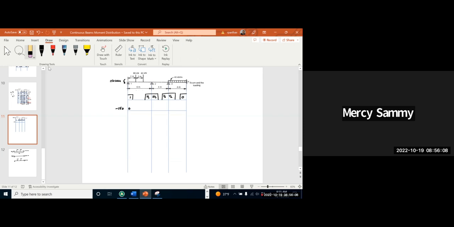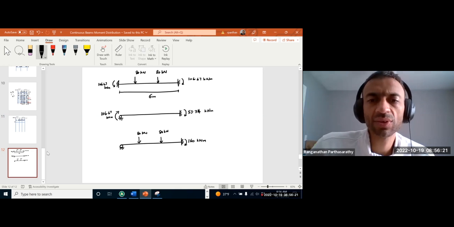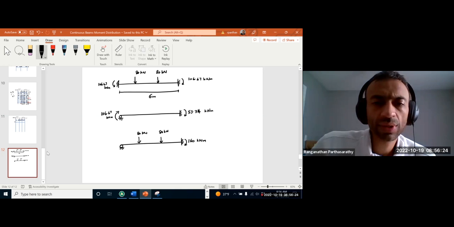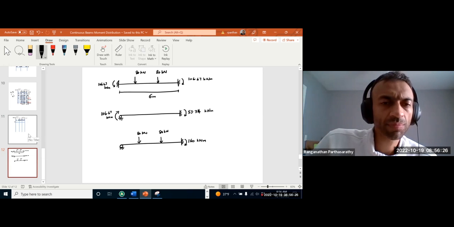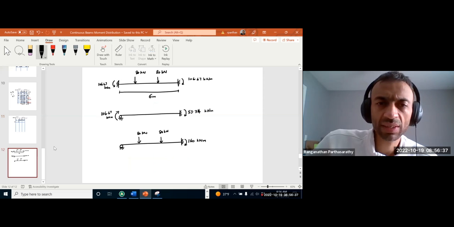Oh, I was saying it should be 106.7 under the 1/3. No, it will be negative 160 now, because we already accounted for the fact that this is a pin. For the case where 80-80 is fixed, the fixed end moments are 106.67, 106.67.